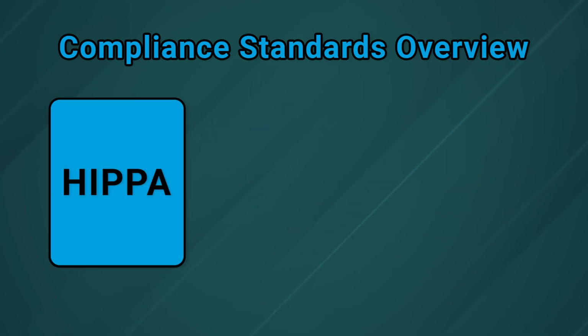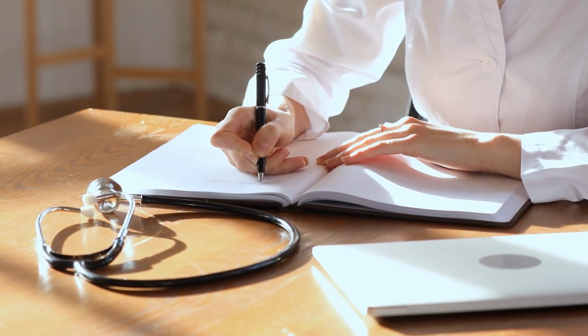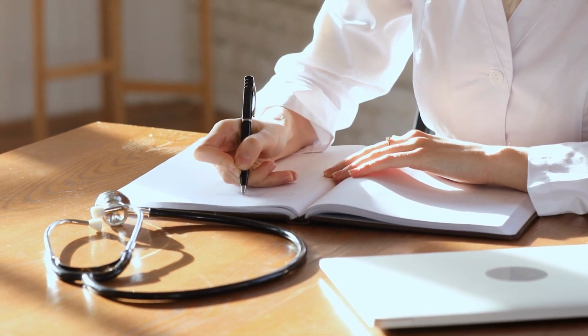Now then, there is HIPAA, which stands for Health Insurance Portability and Accountability Act, and it governs the protection and secure handling of healthcare data to maintain patient privacy and confidentiality. Let us say somebody has a disease A, which is a very critical disease, and that patient doesn't want everybody to know that they have that disease.